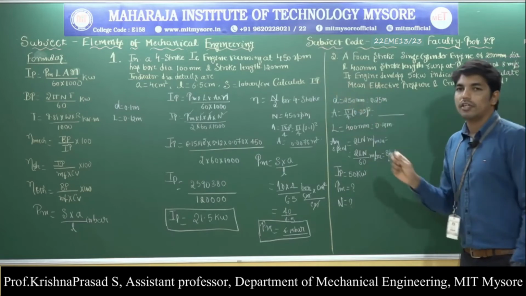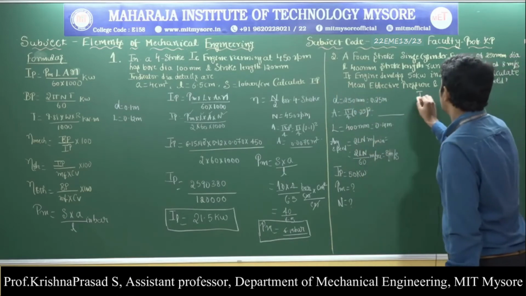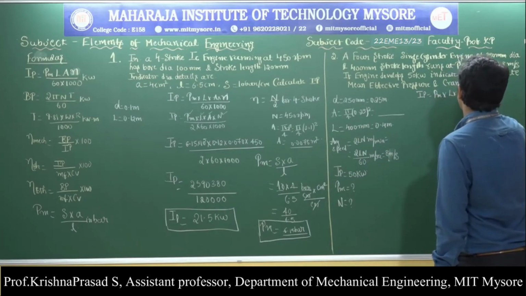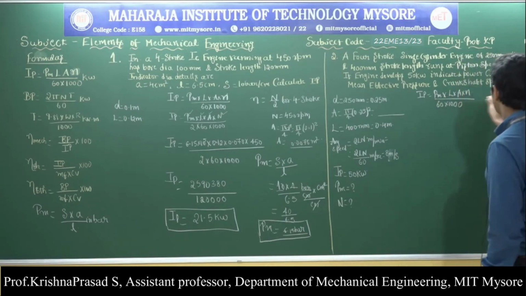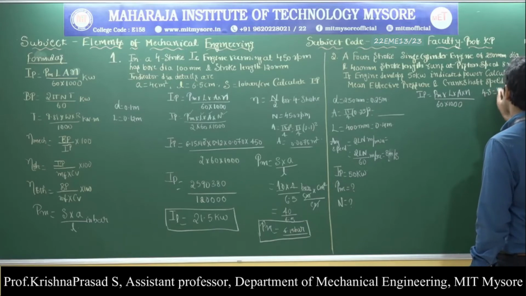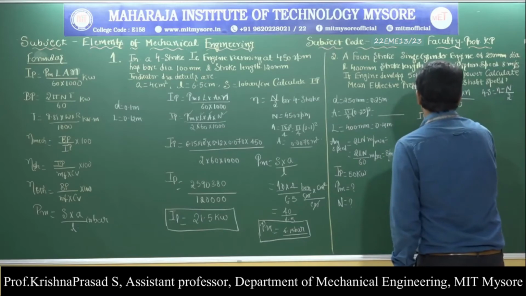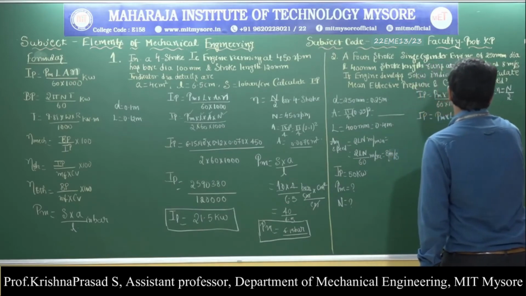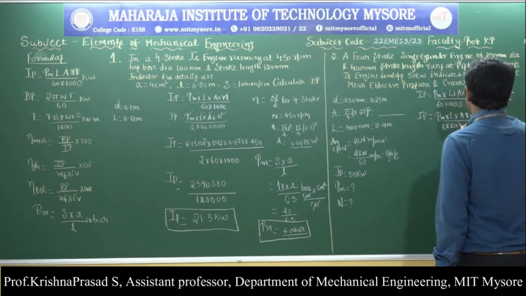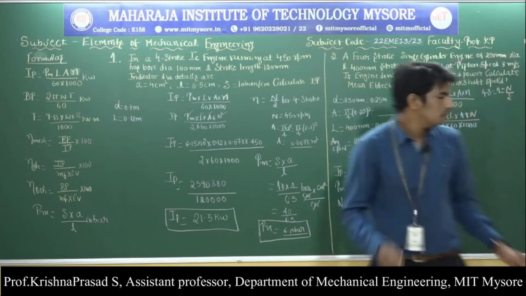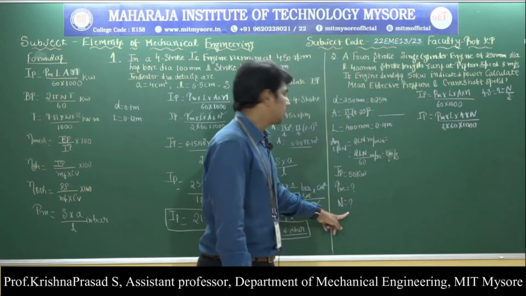So again, the indicated power formula is IP is equal to PM L into A into n by 60 into 1000, but for a 4-stroke engine small n is equal to capital N divided by 2. Therefore, IP is equal to PM L into A into capital N divided by 2 into 60 into 1000. Observe here, in this problem they are asking about the crankshaft speed.